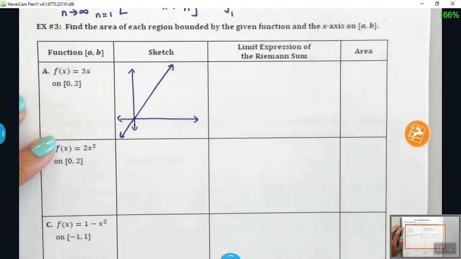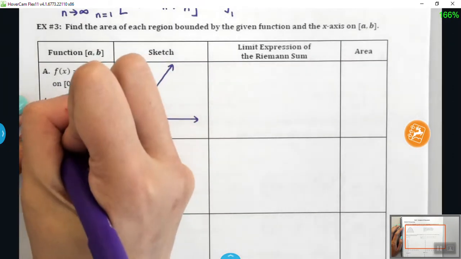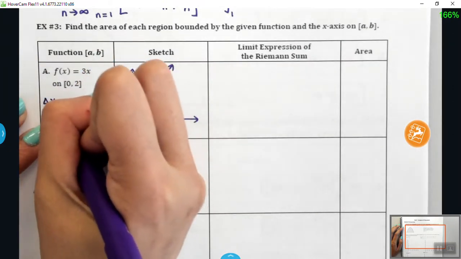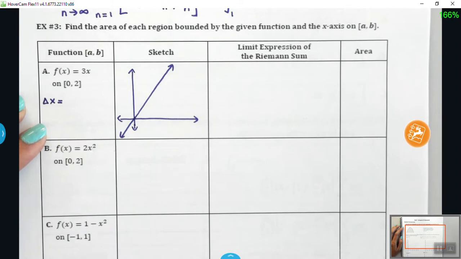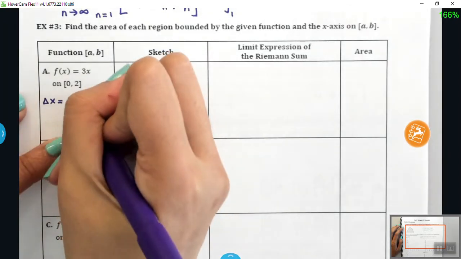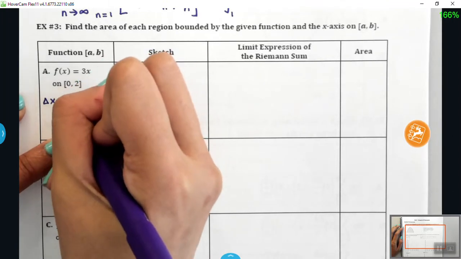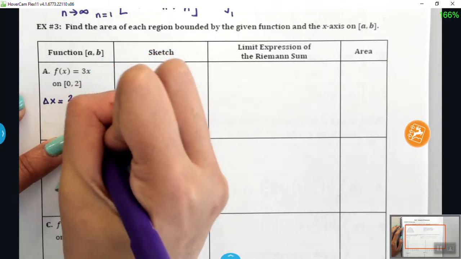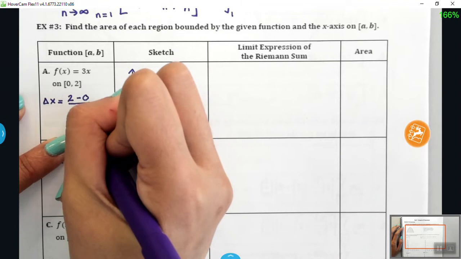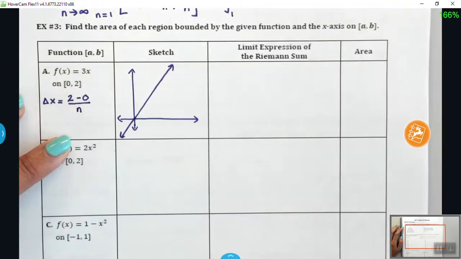Let's figure out the width of our interval. So our delta x, we want to figure out what our delta x equals. We go width of our interval, 2 minus 0, over the number of rectangles I want.